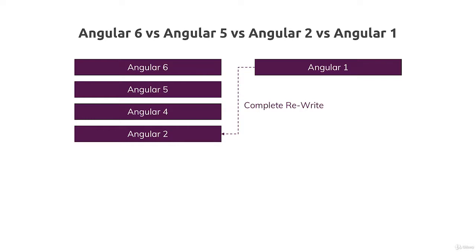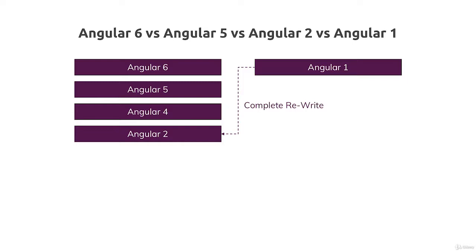Angular 2, as I said, was a complete rewrite to fix many of the problems Angular 1 had, though, mostly performance issues. Now, Angular 4, 5, and 6 really are just the latest versions or more recent versions of Angular 2, as strange as this might sound.